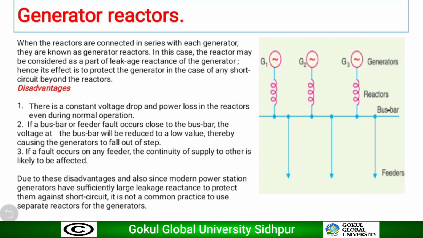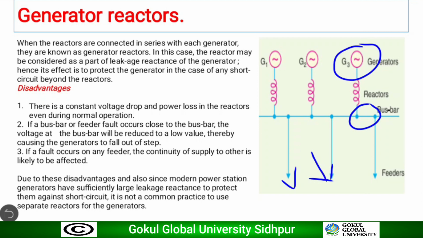If the fault takes place near the reactor, the voltage of the bus bar goes low, so this generator falls out of step, meaning it is disconnected from the bus bar. If a fault occurs on any feeder, the continuity of supply to others is likely to be affected.